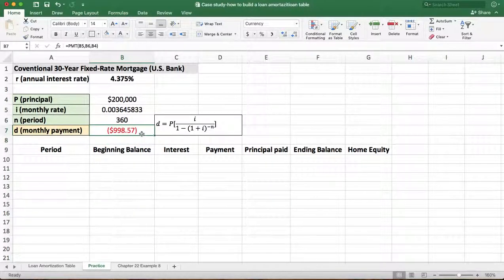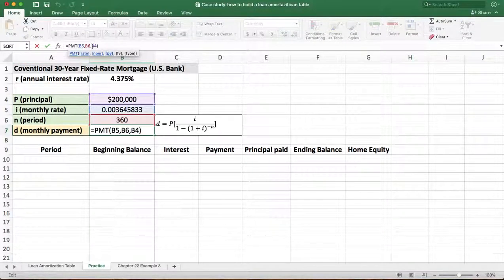This is an accounting number. Negative means the money flew out from your pocket, but we usually want a positive number. How to get a positive number? We just go to the formula.